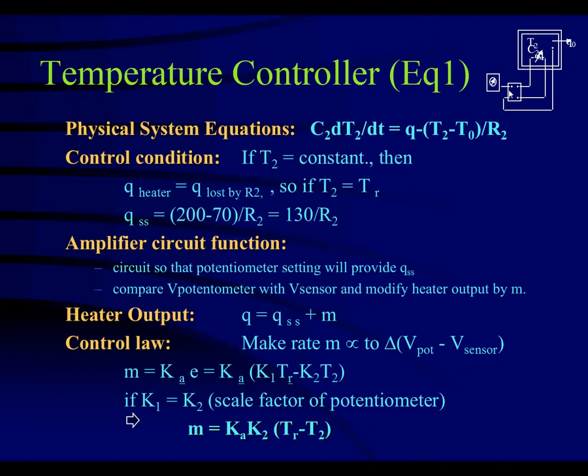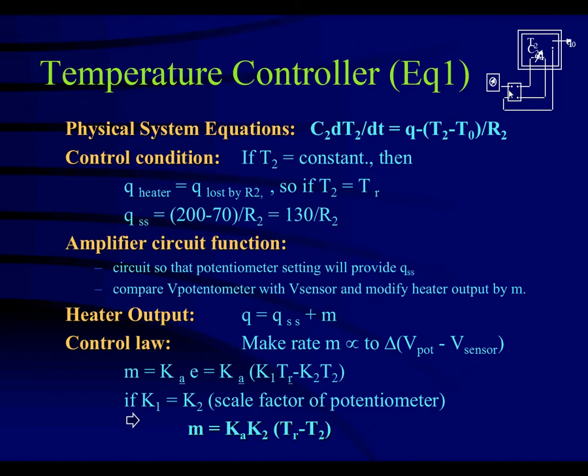I mean the heater will track what the input is. So Q of the heater would be Q, the amount of heat. It would be equal to the amount that you need. Like for example, the steady state Q would be the 200 minus 70 degrees, which are the two temperatures, divided by R2.